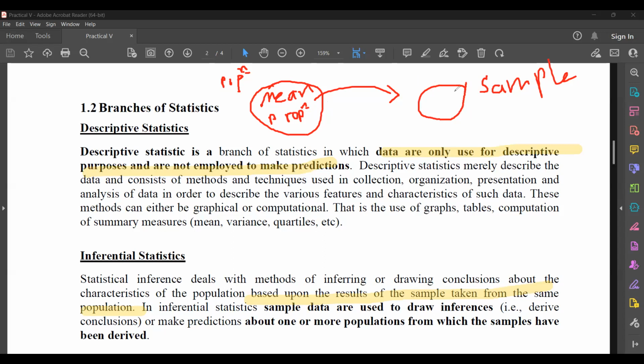If we are using a sample, we are dealing with sample data, right?